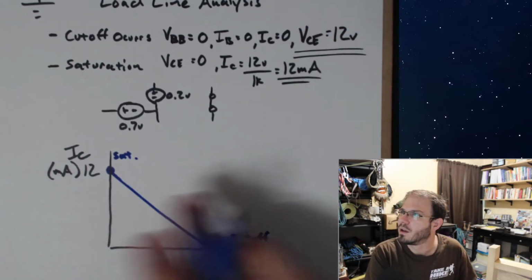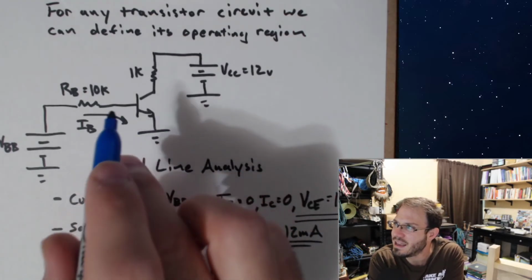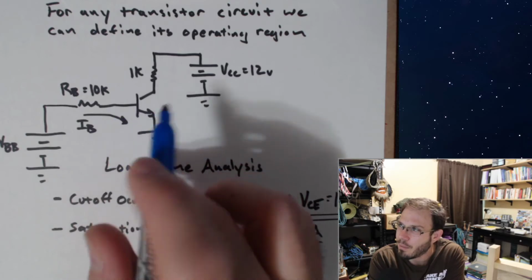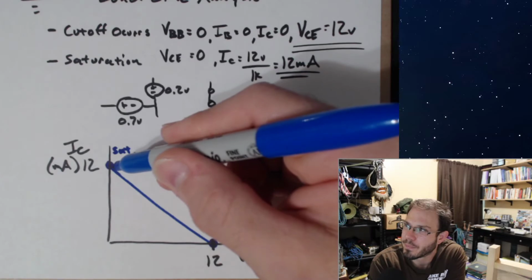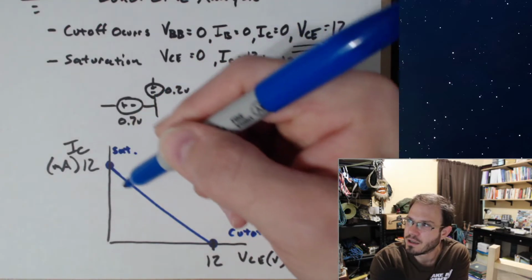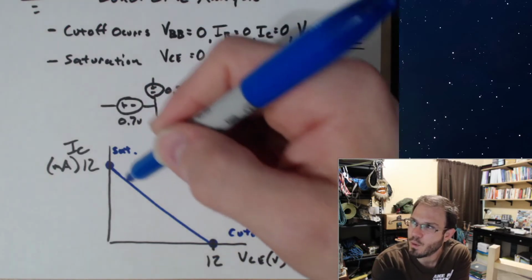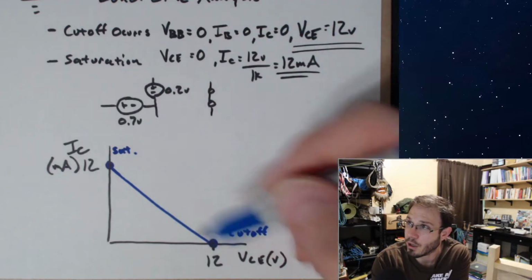And we now know for this transistor in this circuit, the only place that it can operate is somewhere along this line. It's either going to go full saturation, full cutoff, or it's going to be within the line, which would be its linear mode.